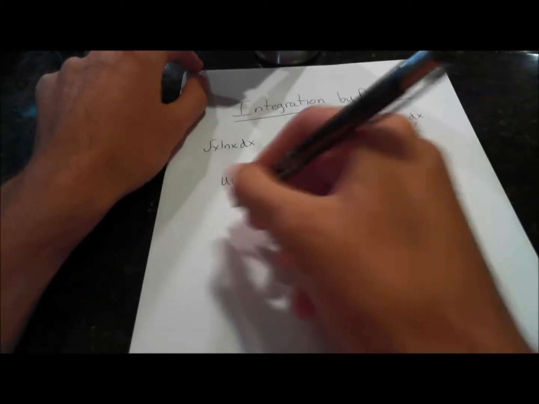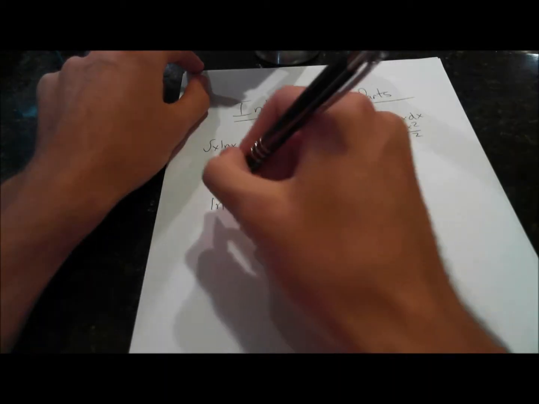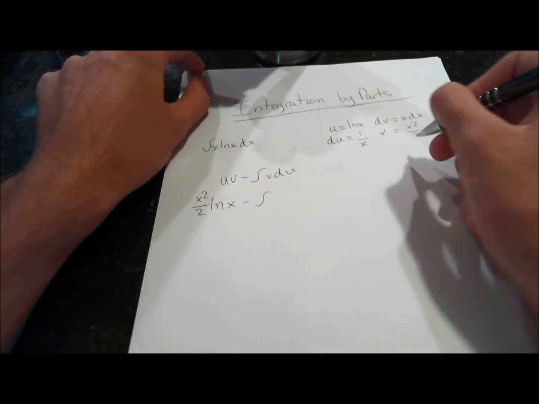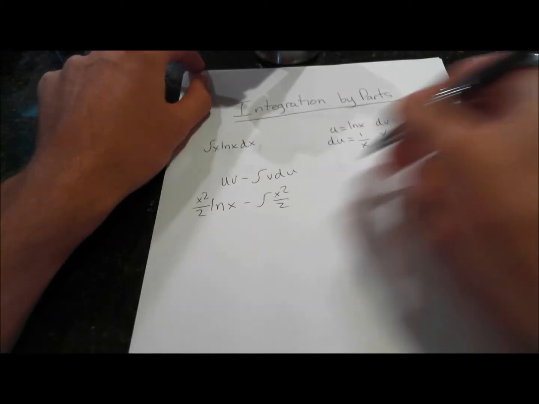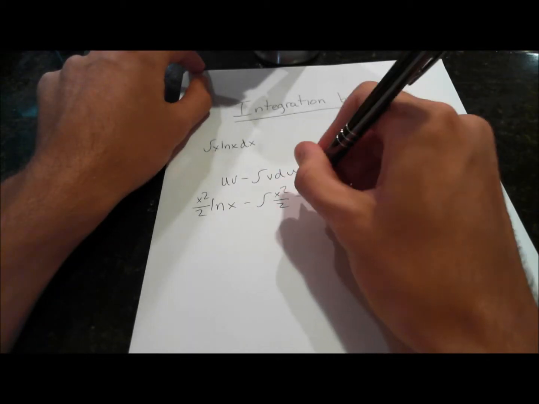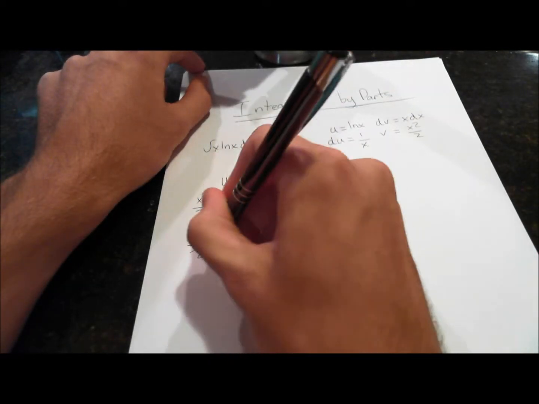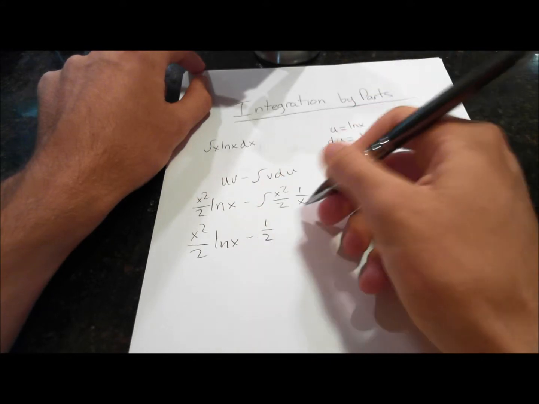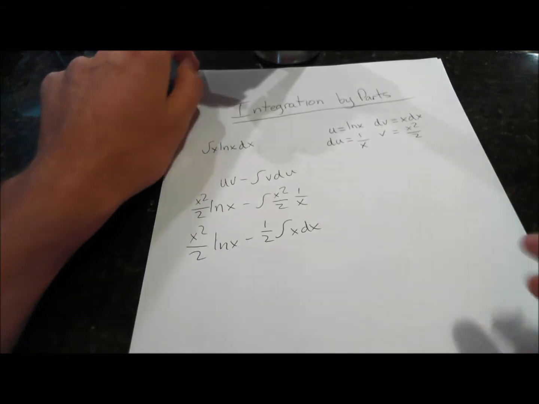Once you do that, you just simply plug in your numbers, which is that minus the integral of v du, which is x squared over 2 times 1 over x, which simplifies to x squared over 2 times the natural log of x minus 1/2 the integral of x dx.